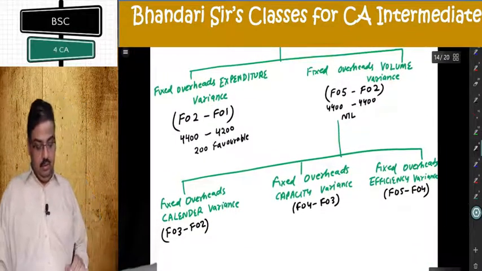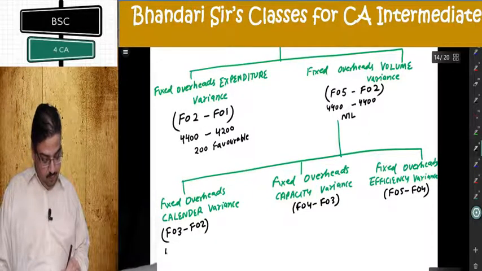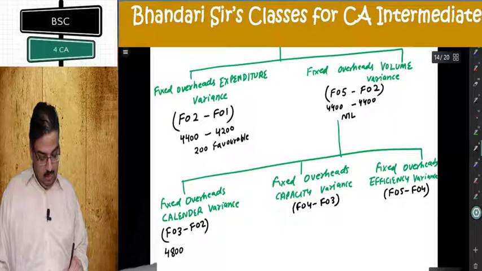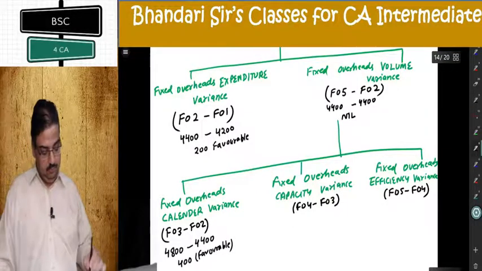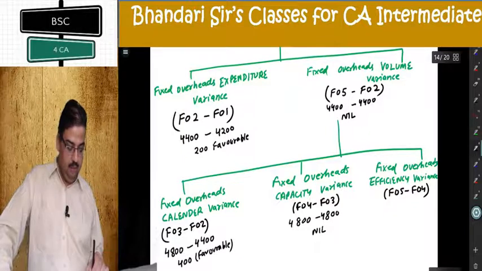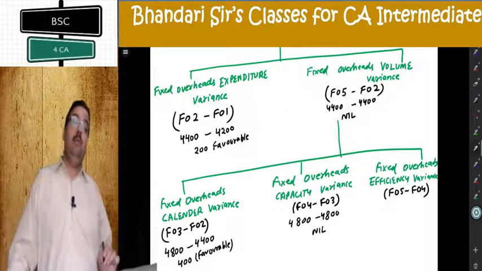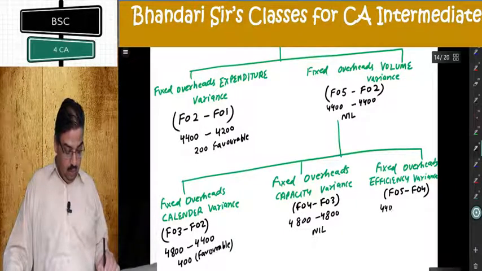Under the calendar variance, FO3 4800 minus 4400, you are getting 400 favorable. This is 4800 minus 4800, nil. And lastly, FO5 minus FO4. FO5 we had 4400 minus FO4 4800.